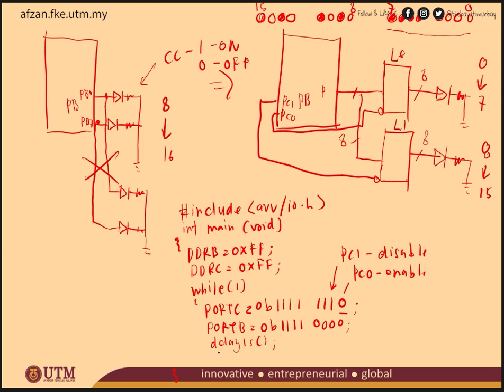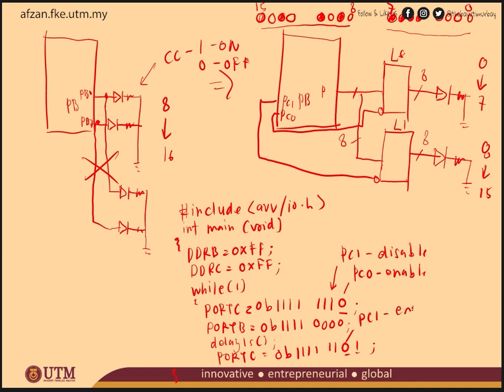Right, next, port C. Now I'm going to send this value to my LED 8 to 15. So first I need to disable this latch and enable the second latch. So 0B11111101.